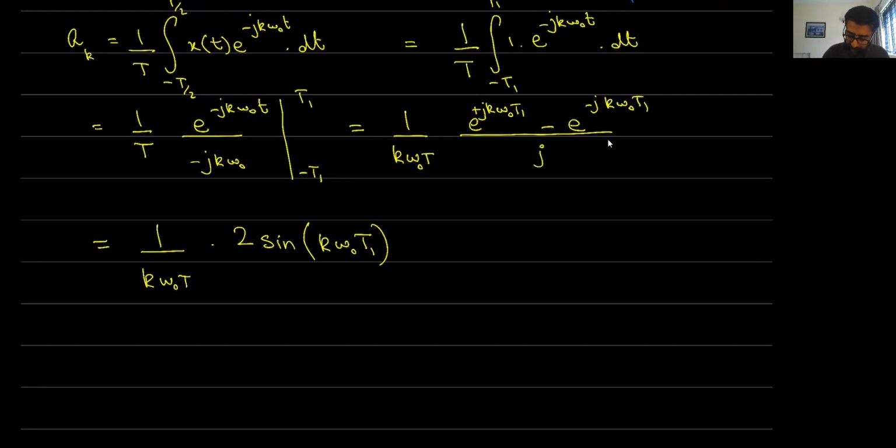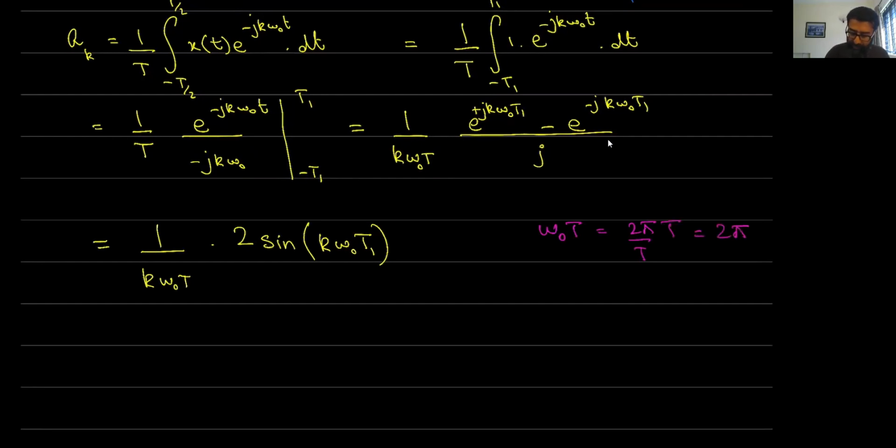And in order to simplify this further, what I observe is that omega naught T is actually equal to 2 pi by T times T, which is just 2 pi.